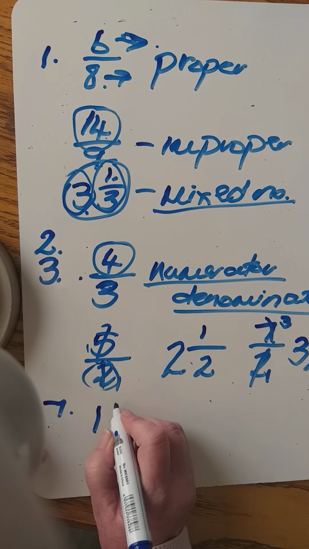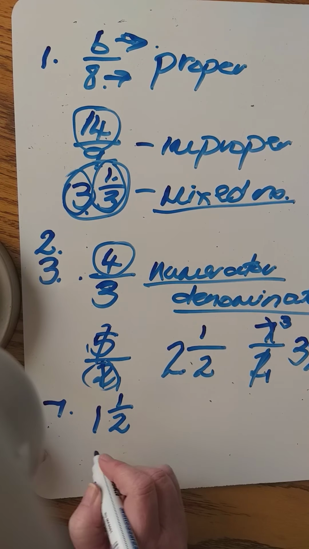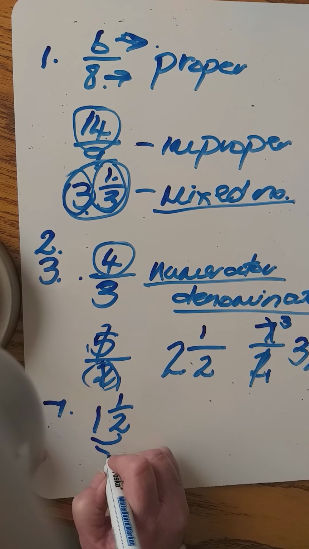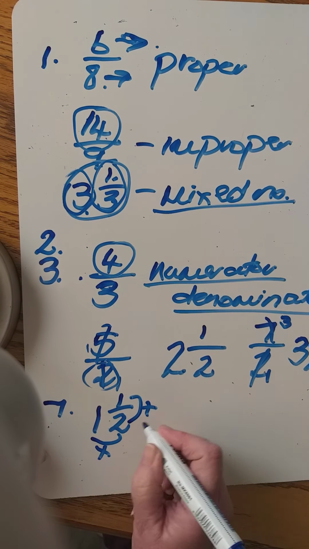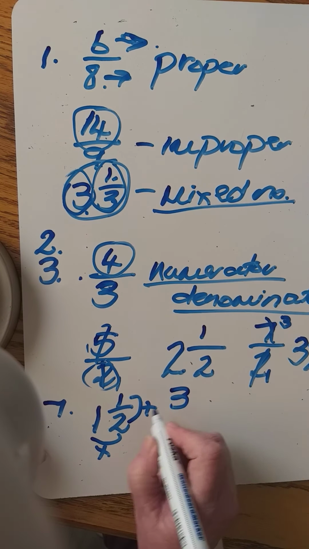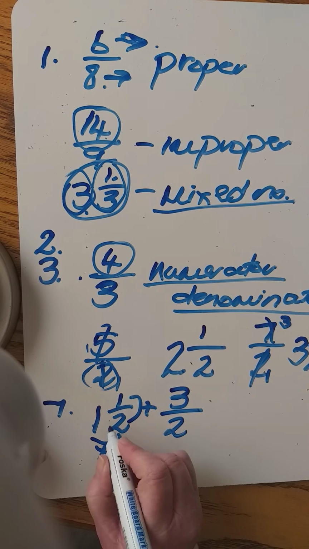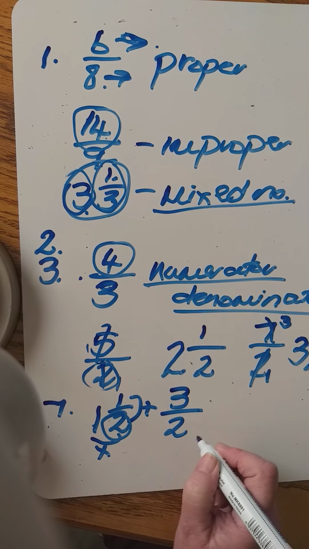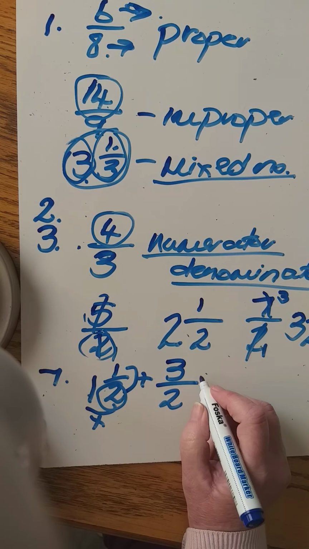Okay, now, number 7 says, write the mixed number as an improper fraction. So I've got 1 and 1/2. When I do this, I know I've got to multiply, and then I've got to add. So 1 times 2 is 2, plus 1, 3/2. Remember the size of the fractions. I'm going to do another one here for you.